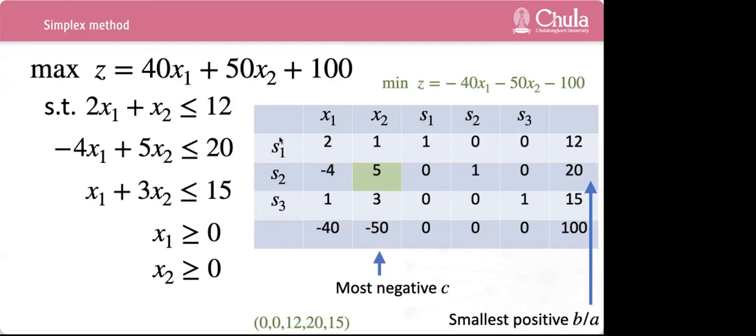At this time, we assume the basic variables. The number of basic variables must equal the number of constraints we have. For example, in this case, S1, S2, S3 are the basic variables, and at each iteration, in the column of a basic variable, there must be only one 1, right?